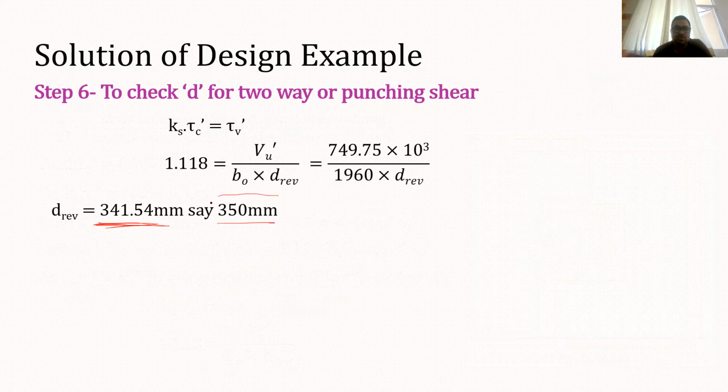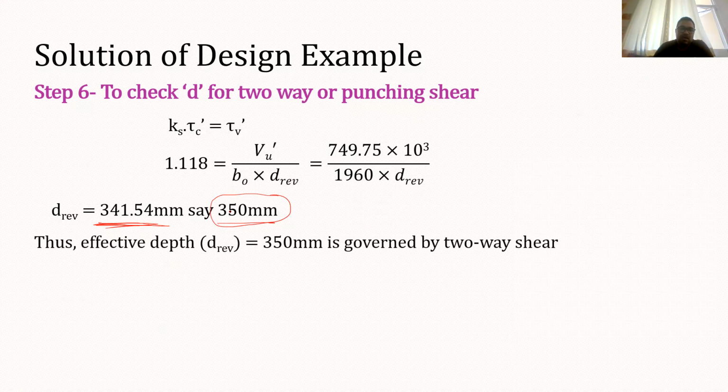So which means 350 mm depth is required, and this depth will be sufficient for one-way shear, for bending moment, and for two-way shear as well. So the final effective depth is 350. And ultimately, we can say that the depth of foundation is actually governed by two-way shear, because this is the critical criteria which actually governs the depth.